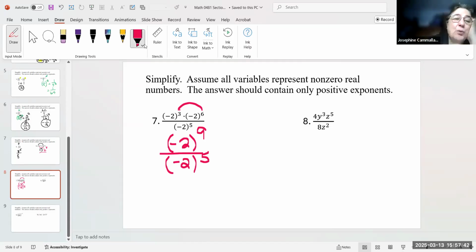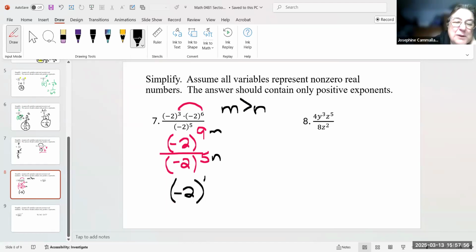Well, this is where this is considered the m and the n. M is greater than n from that negative. So what I have is -2 to the +4 power. I quotient rule, I subtract. And this will give me very nicely a +16.